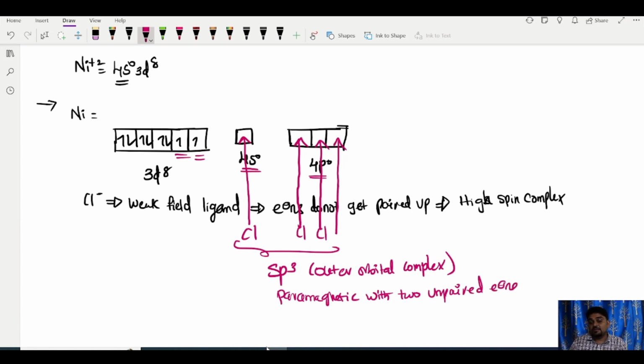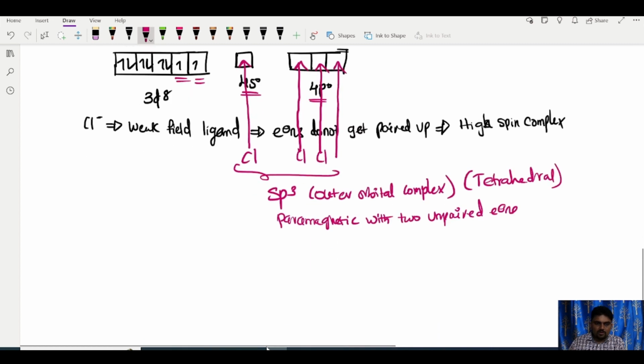And since it is sp3 hybridization, which geometry does it have? Tetrahedral geometry. Always remember, dear students, if it is dsp2, it is square planar in coordination number 4. If it is having sp3 hybridization, then that is tetrahedral.